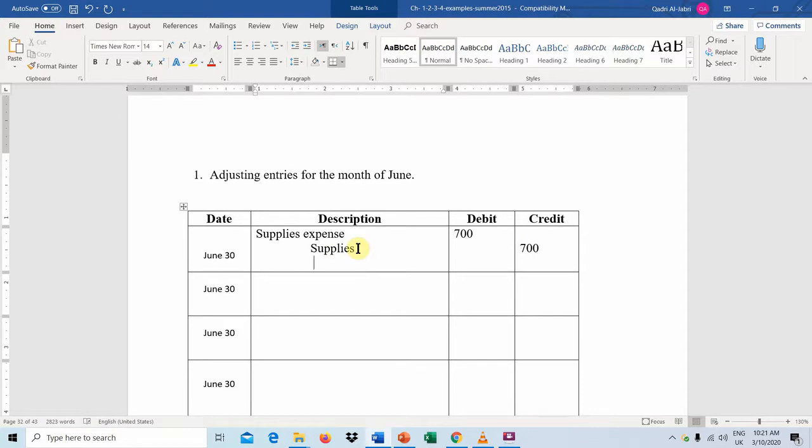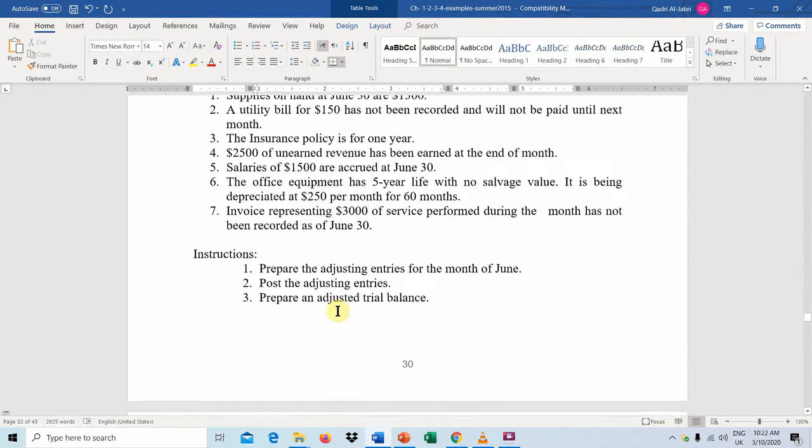How did we get the 700? We purchased supplies of 2,000, and now the supplies on hand, meaning the unused supplies, is only 1,300. So 2,000 minus 1,300 gives us 700. So this is the journal entry related to supplies.